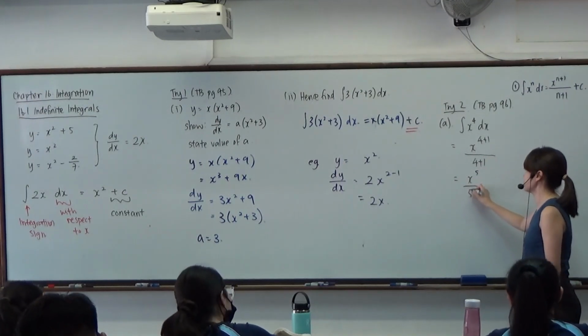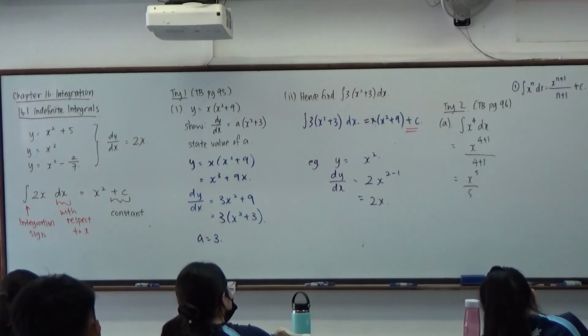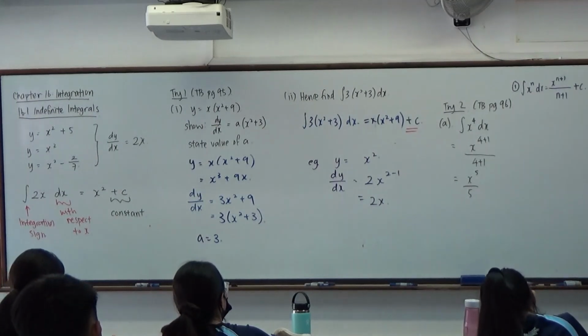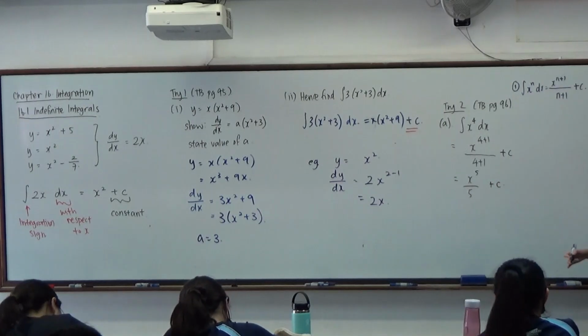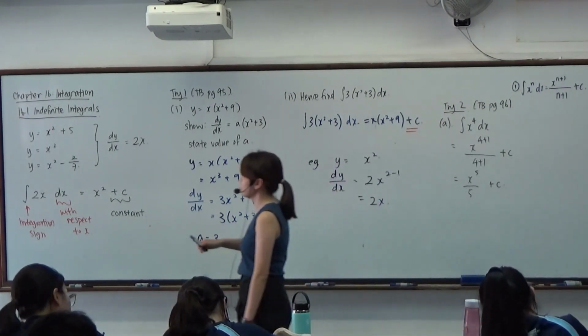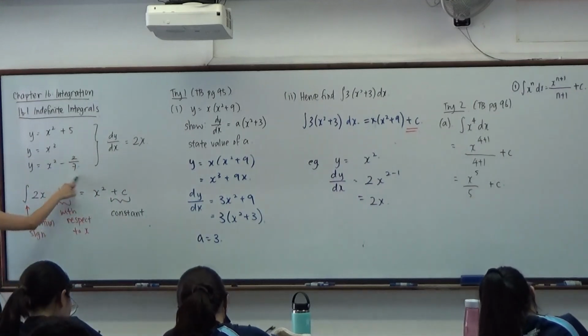In other words, there will be x to the power 5 over 5. But we must remember the constant, so always remember plus c, because we do not know in its original form whether there's any constant or not.